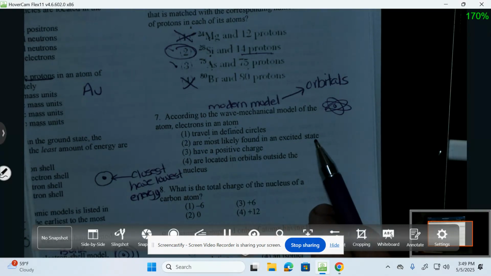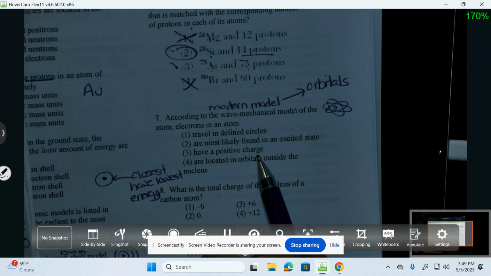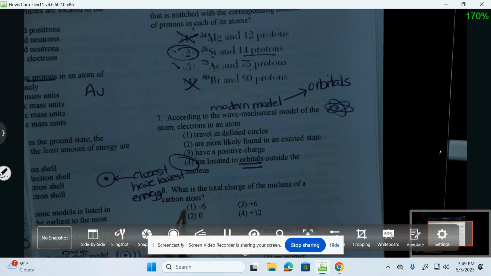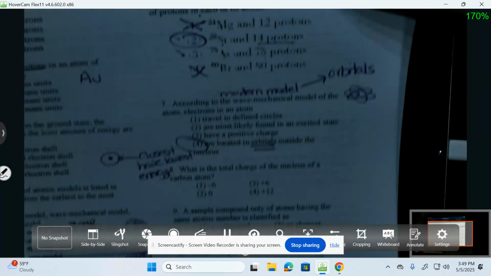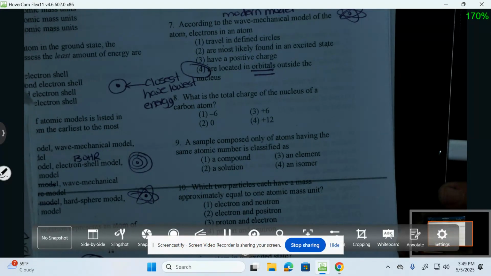Are most likely found in an excited state? No. The only way to get to excited state is to light them on fire and make them jump up. Have a positive charge? No. Are located in orbitals. Anytime you see modern model, what are you going to pick, Olivia? Orbitals. Good job.